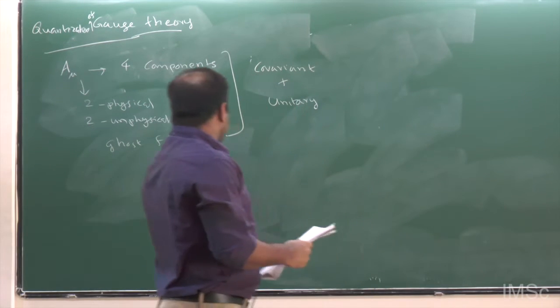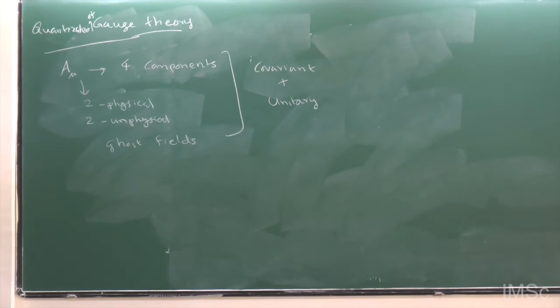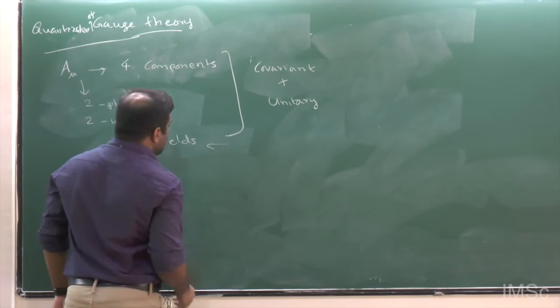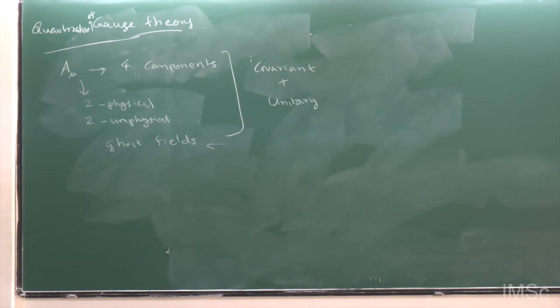So when you look into a simple gauge theory like electrodynamics, the gauge structure is very simple, so that the ghost field effectively decouples from the physical sector. So you don't really have to worry about the ghost fields.